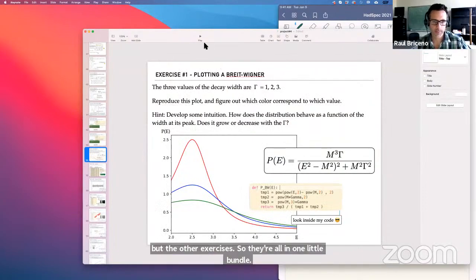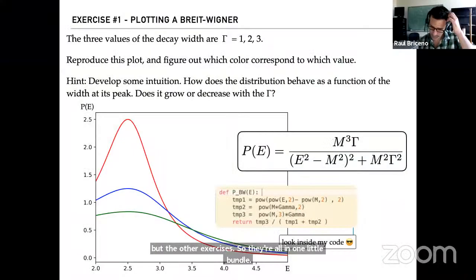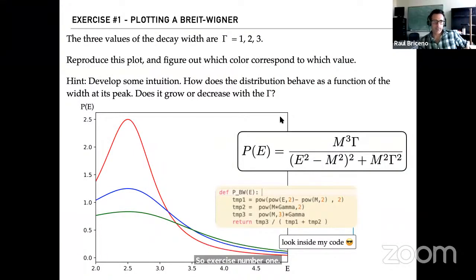Exercise number 1 is to write code for the Breit-Wigner distribution and just reproduce these plots. Make sure that everything is working. So you have m equals 2.5 and then gamma is 1, 2, 3. And get some intuition for what happens to the distribution as you vary gamma.